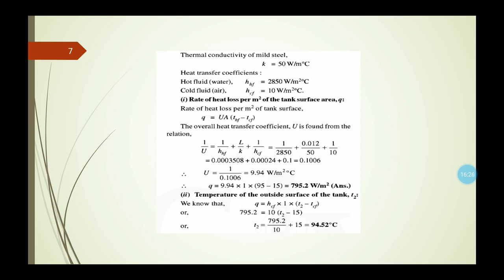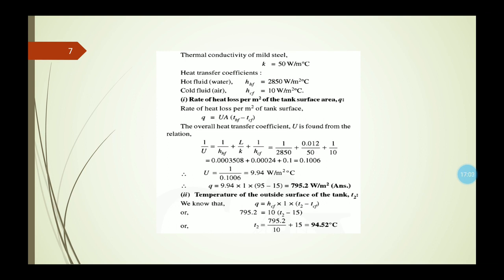If you consider the area is 1 and the overall heat transfer coefficient U equals 9.94 as per the earlier calculation, and the two temperatures given in the question, which are 95 and 15 degrees centigrade, then we can calculate Q, the rate of heat loss per meter square of the tank surface, as 795.2 watt per meter square.